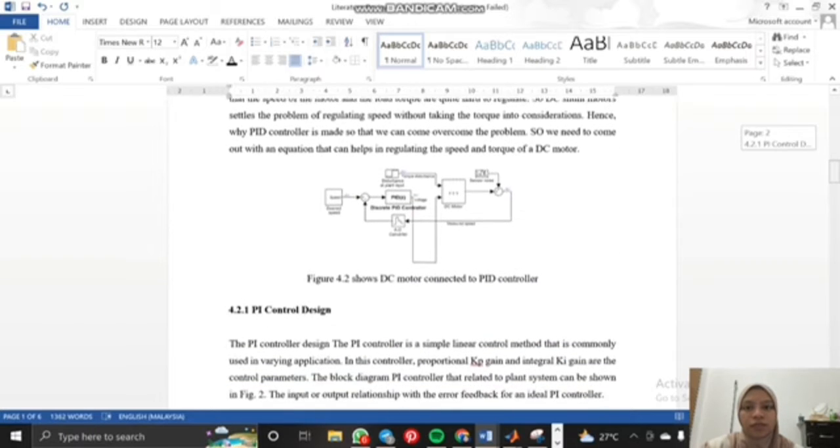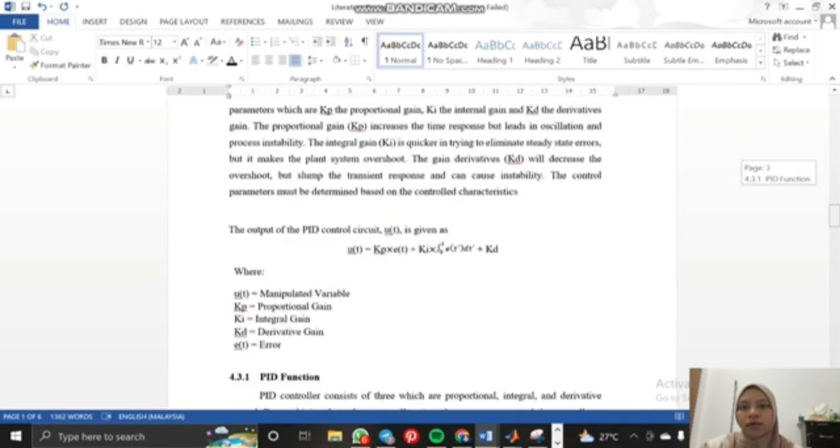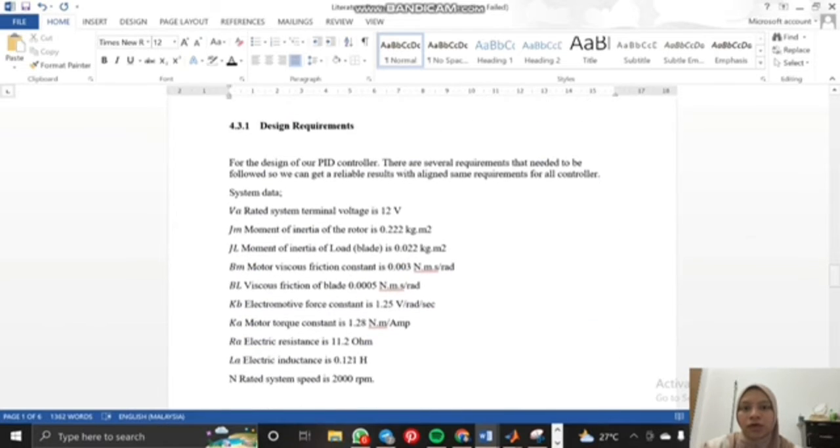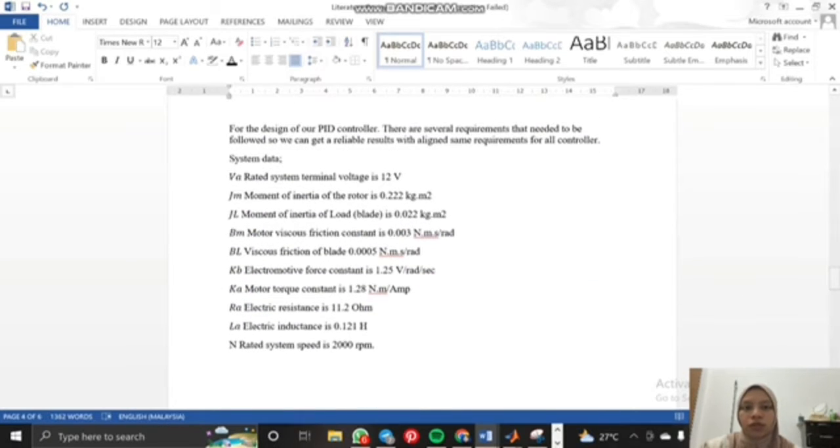The design requirements are: VA, the rated system terminal voltage, is 12 volts; JM, the moment of inertia of the rotor, is 0.222 kg m²; JL, the moment of inertia of the load, is 0.022 kg m²; motor friction is 0.003 Nms per second; and the viscous friction is 0.005 Newton meter per second.